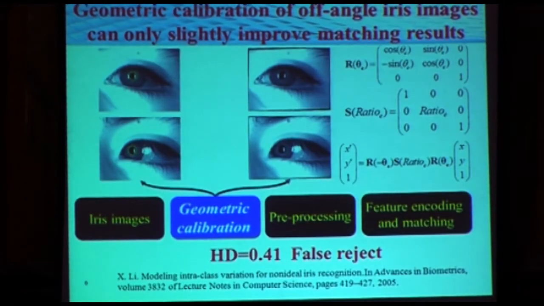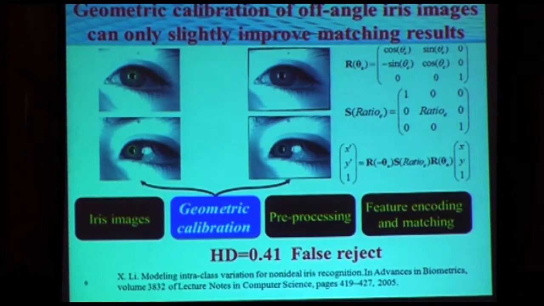Okay, for the past few years, there have been many efforts to handle the issue. The most important one is to convert the off-angle iris images into the frontal one, based on geometric calibration. The method mainly involves 2 steps: ellipse fitting for the pupil boundary and the geometric transformation based on the ellipse parameters.